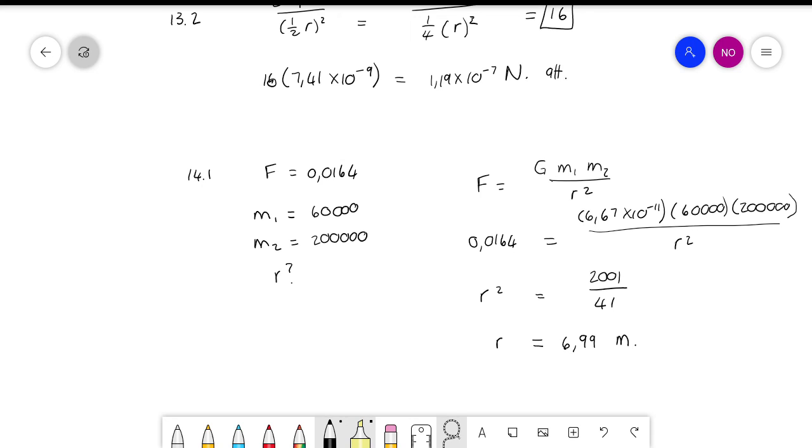En dit is hoekom ons sê mos alles het 'n krag op alles, maar dit beteken nie dat elke voorwerp besig is om te versnel na 'n ander voorwerp toe. Hoe groot is 1 Newton? Hoe kragtig is dit? Nicola, ek praat nou onder korreksie, maar dit is dieselfde as 1 kilogram. Ek gaan nou maar net seker maak daarvan, maar dit is die krag wat 1 kilogram wat van 1 meter af laat val is.